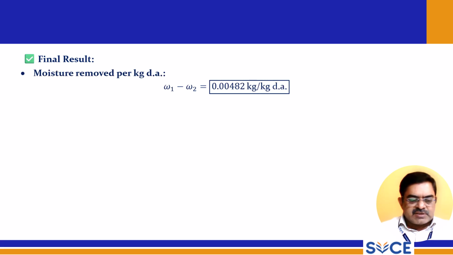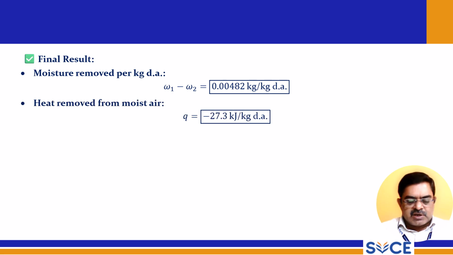So the final result is moisture removed per kg of dry air, which equals omega 1 minus omega 2, so it is 0.00482 kg per kg of dry air. And heat removed from moist air, Q, equals minus 27.3 kilojoules per kg of dry air.